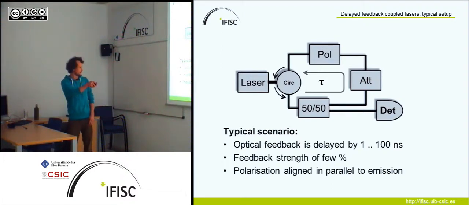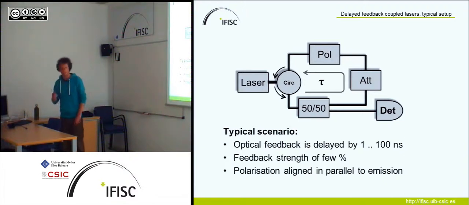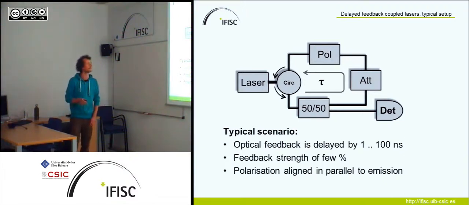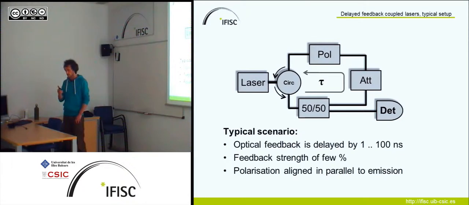Here are some other fiber optic components. One is a 50-50 splitter, which we use to divert a part of the light for optical detection. Another is an attenuator, with which we can control the feedback strength, and another is a polarization controller, so we can align the polarization parallel or orthogonal to the laser light's emission.